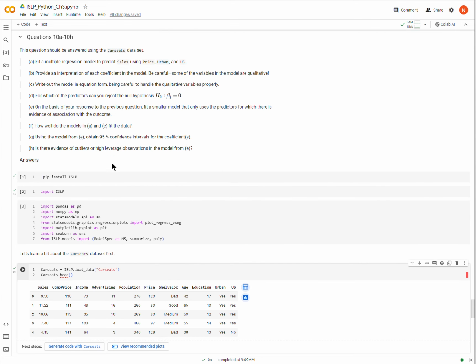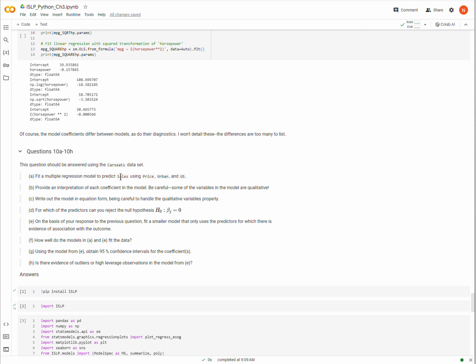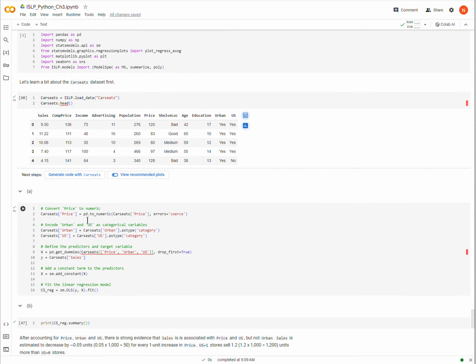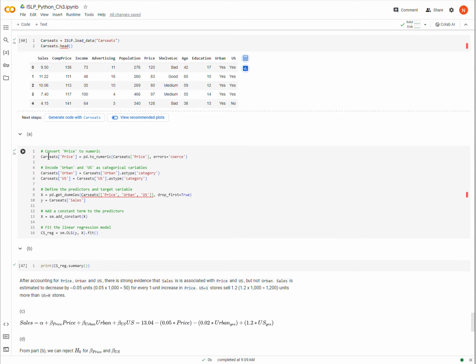So part A, we want to fit a regression to sales over price, urban, and US. And so we'll get into that. First we need to make sure that all of our variables are in the right format. So we need to make sure that price is numeric, and we need to make sure that urban and US are categorical variables.